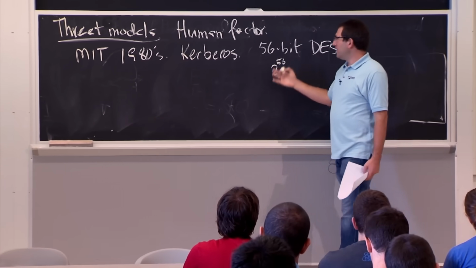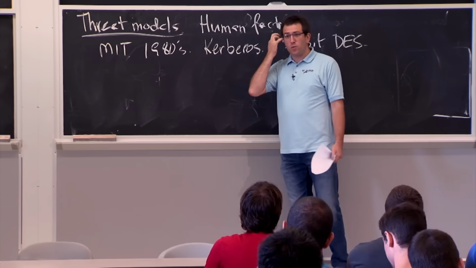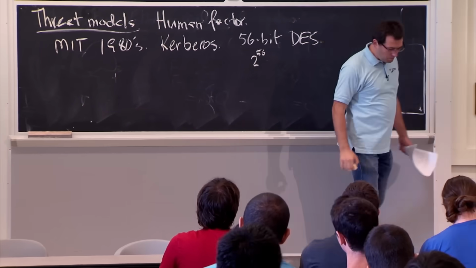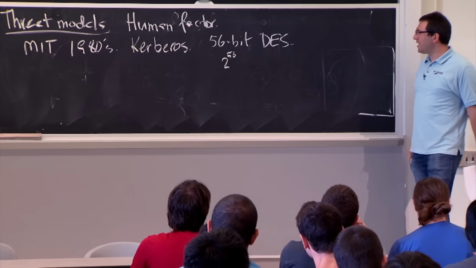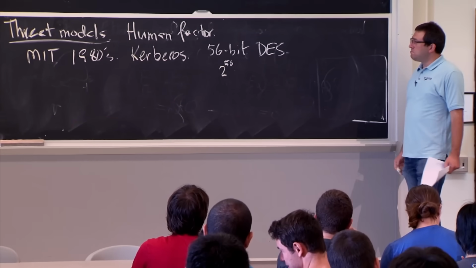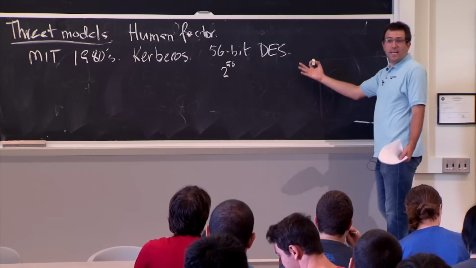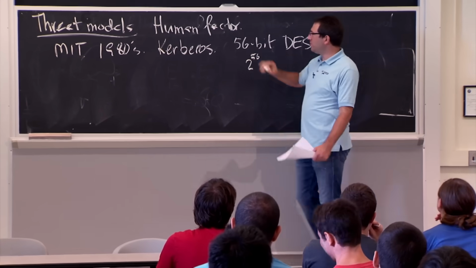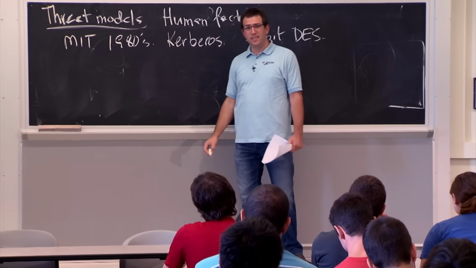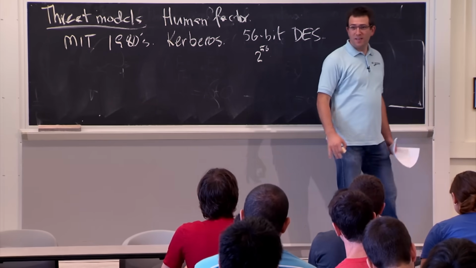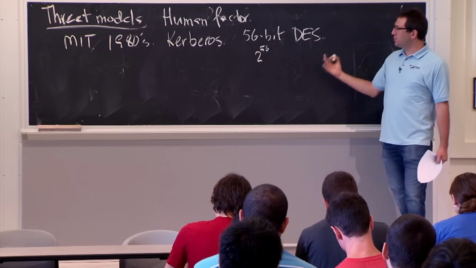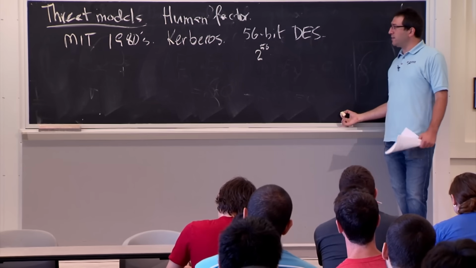And as a result, with the help of some hardware from a particular web service, we'll have some links in the lecture notes, they were able to get basically anyone's Kerberos account key in roughly a day. So this assumption was good in the mid-1980s, no longer a good assumption today. You really have to make sure your assumptions keep up with the times.